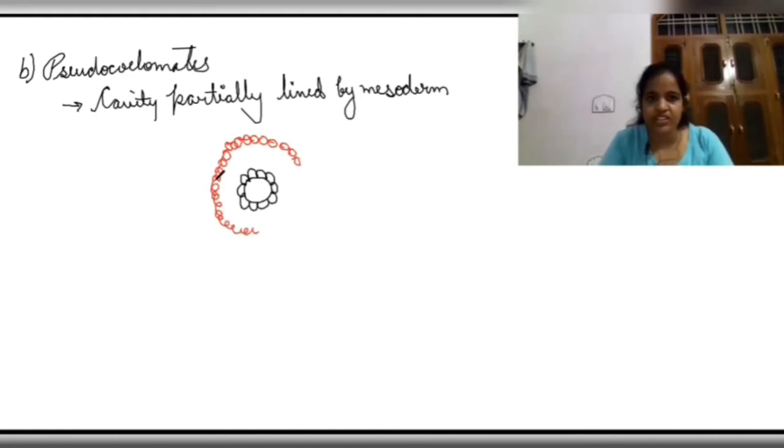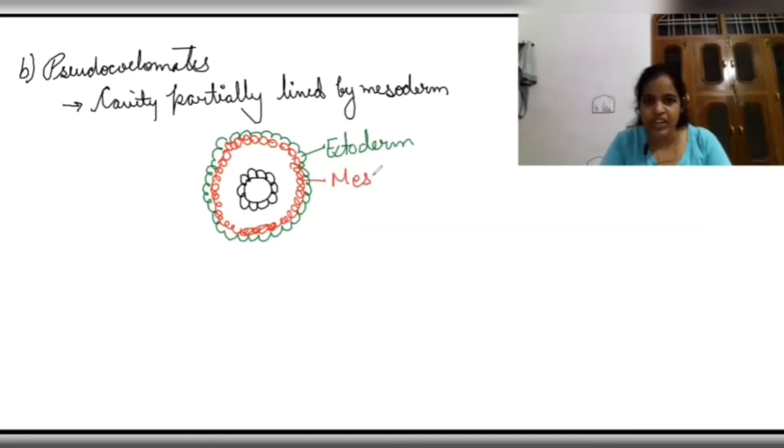So this red colored structure is actually the mesoderm, and outer to that is the ectoderm. This is ectoderm. Then the red colored part is mesoderm. I'll draw the diagrams 3 times, so you will definitely learn all the germ layers here itself.